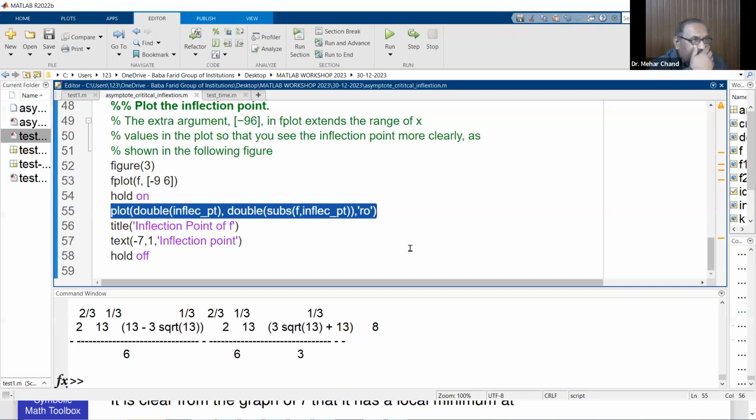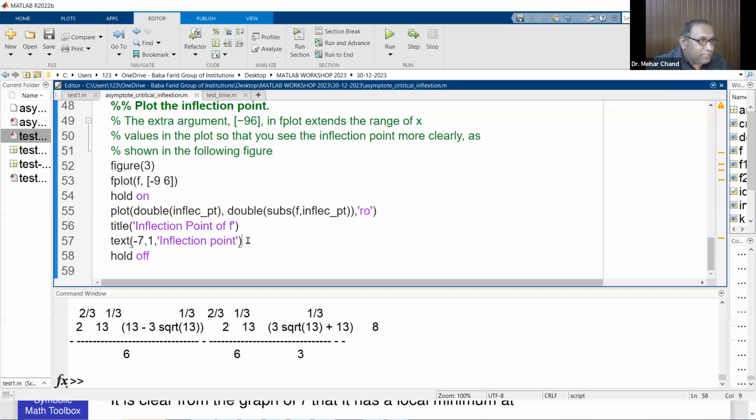In the previous image, we used this statement to plot the maxima and minima, but here we are using it for the point of inflection. And this is the corresponding syntax you want to write, and this is the plot.